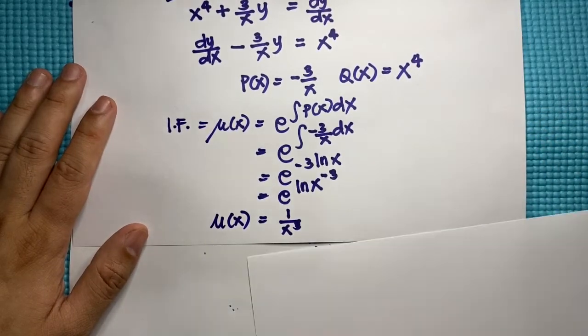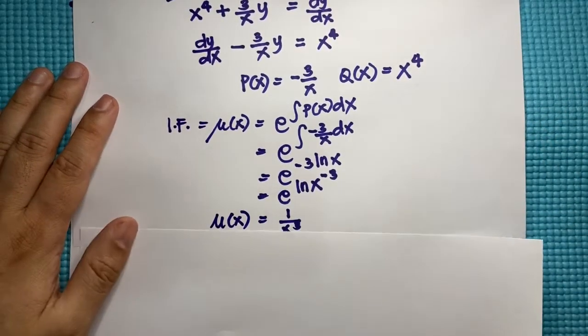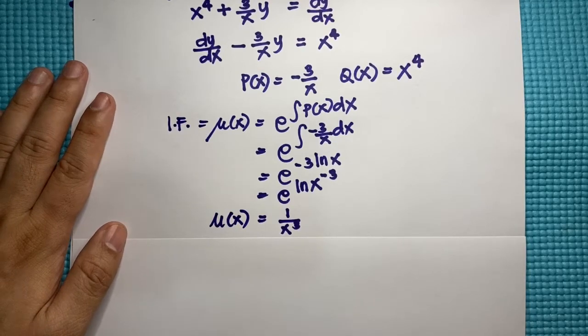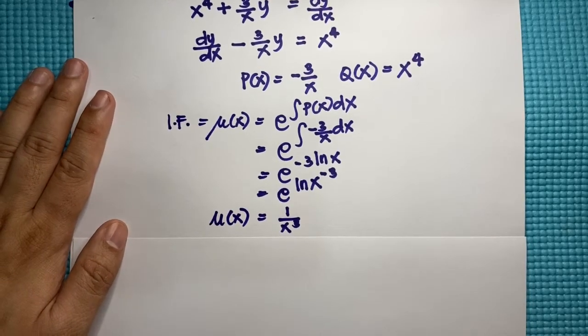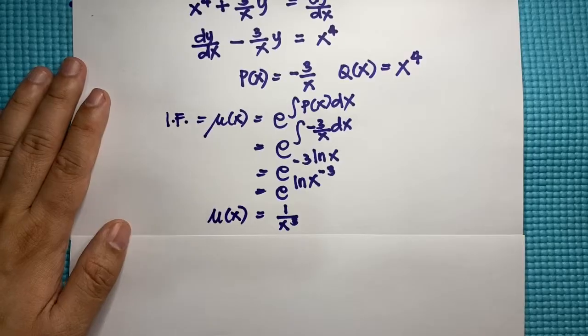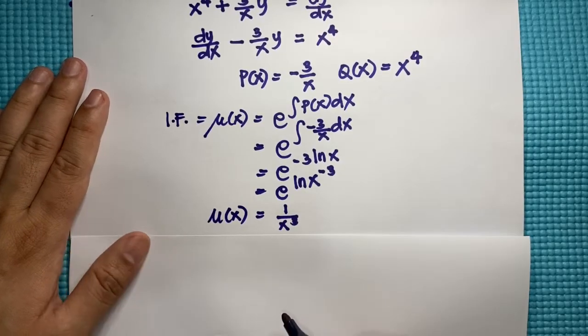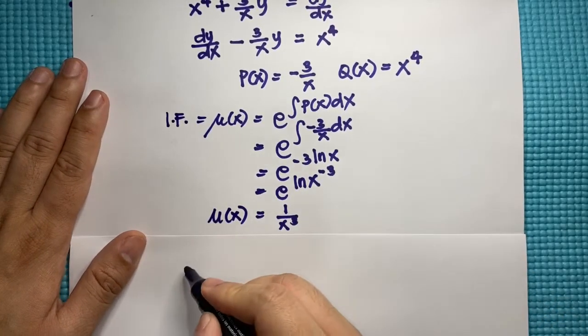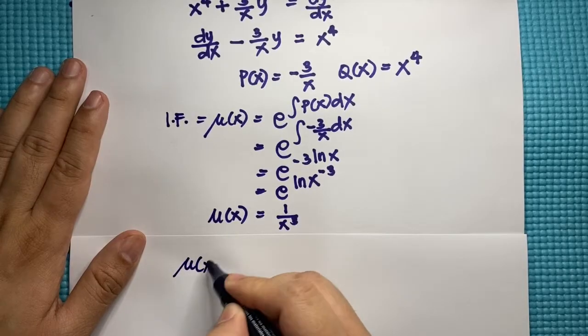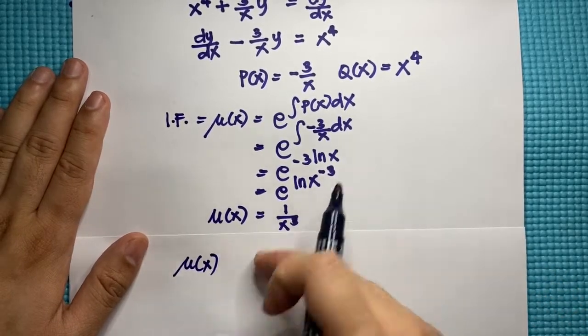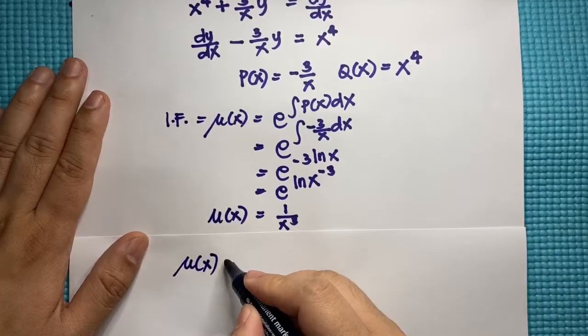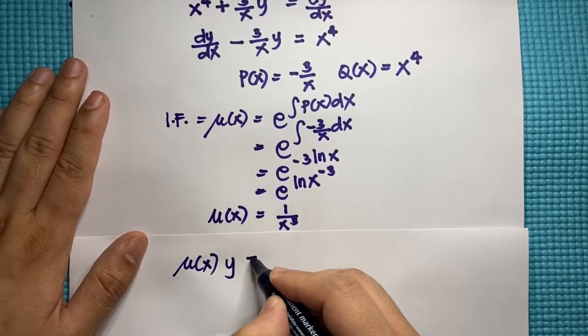And to resolve such an equation, we have a working formula that we can use in finding the general solution of a linear differential equation. That is mu of x, multiplied to where it is linear, so it is linear in y, so I'll just be attaching y there.